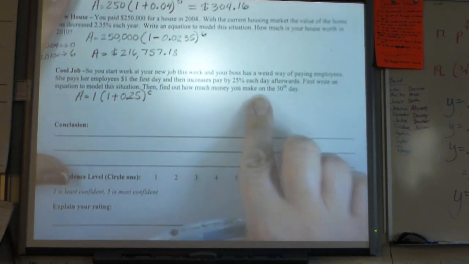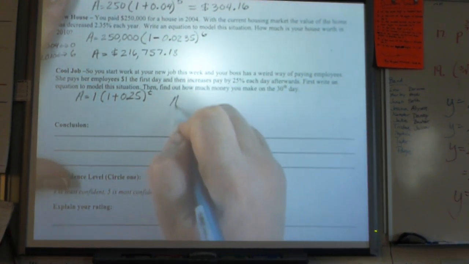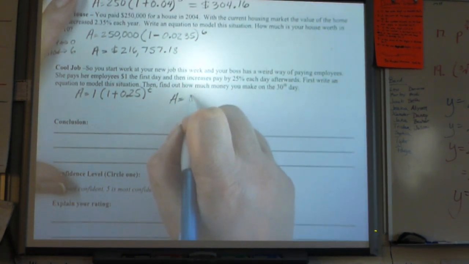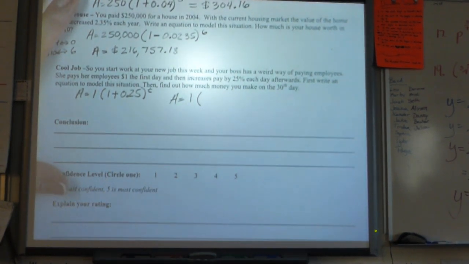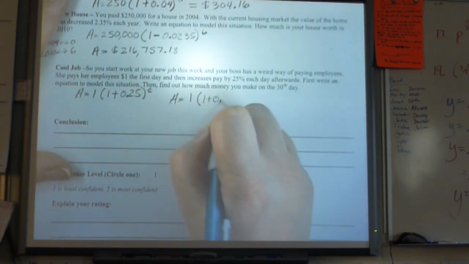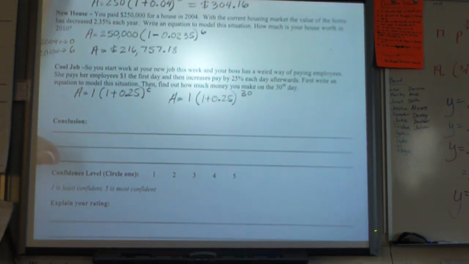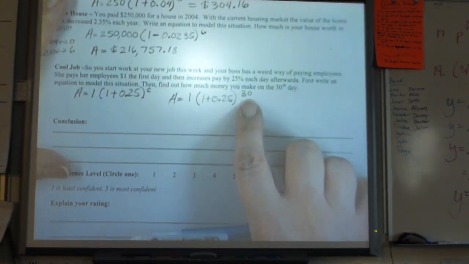And then calculate the 30th day. So the amount of money on the 30th day will be equal to 1, that was your initial daily rate of pay, times 1 plus 0.25 to the 30th power. So how much money are you going to make just on day 30?